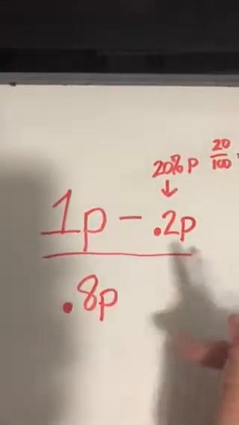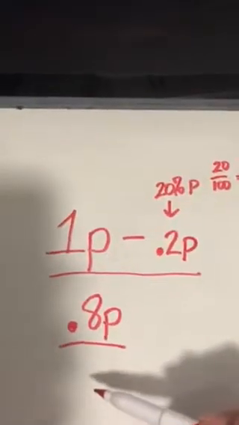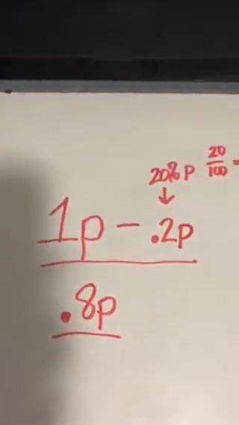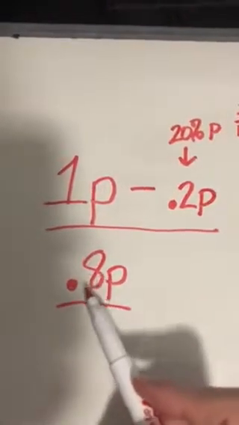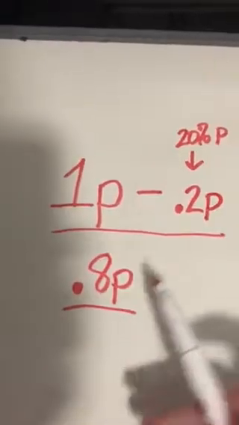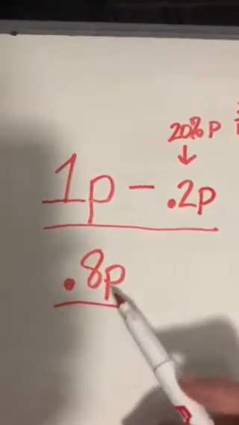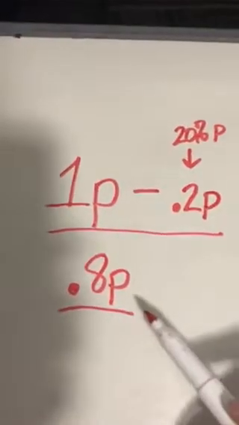So both this expression and this expression would be correct for finding the price of the shoes after the discount. What this is showing you is that you're paying 80% of the price if they took 20% off. Then you're left with 80%, and that's what you pay.